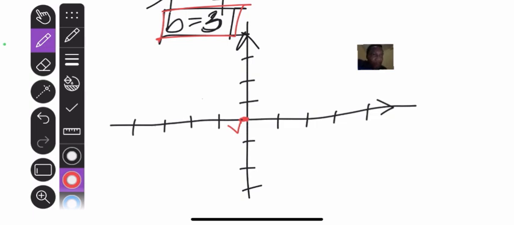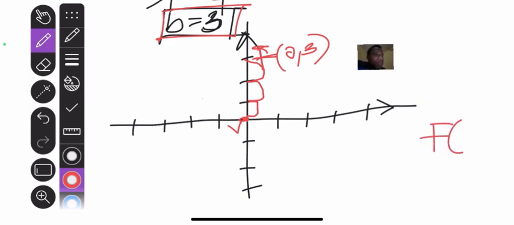Given that our b is 3, we are going to take 3 steps upward: 1, 2, 3. It means our focus is here. Our focus is going to be (0, 3). Because we are asked to find the focus as well, the focus is going to be of the coordinates (0, 3).